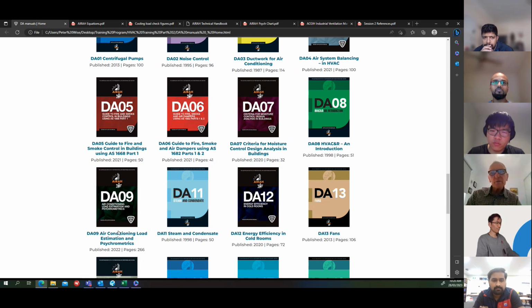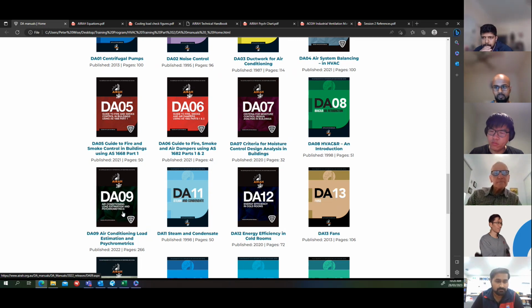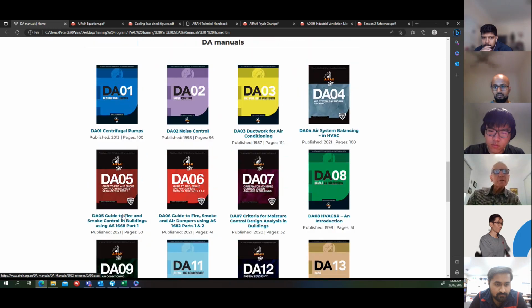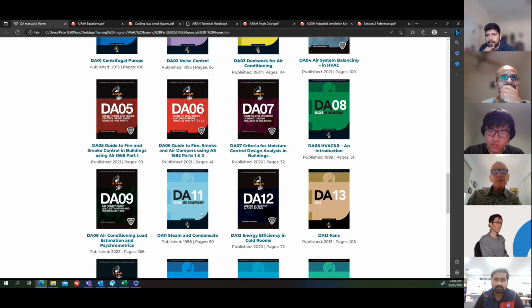And even sometimes when you've got an internal load that you're not sure what you should allow, say something electrical in the space that you need to put a heat load for, you'll find it in there. You'll find very detailed information on psychrometrics. So that's a good one to have a look at. But all of these give you detailed information on how systems are designed and best practice. So be aware of those.